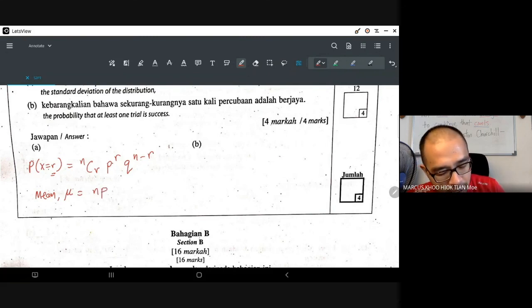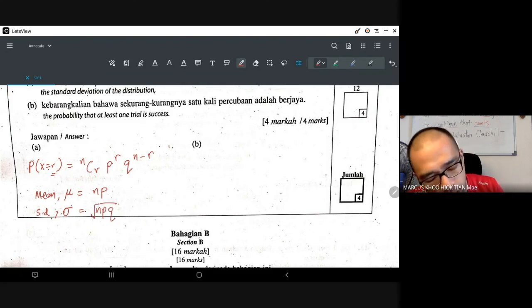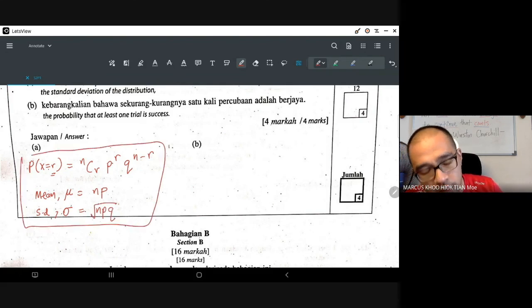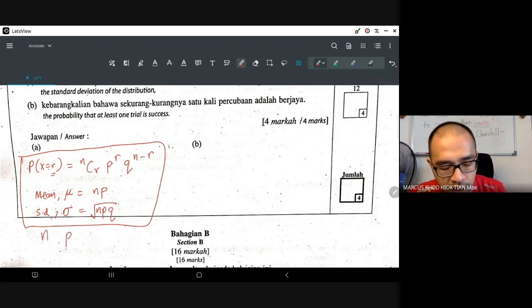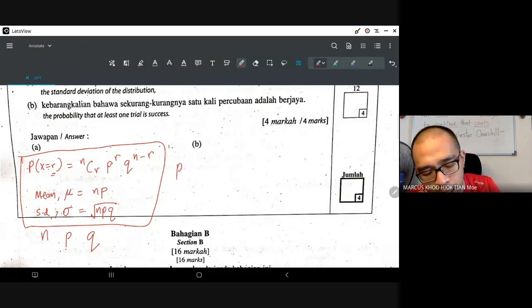Okay, and the standard deviation is square root of n times p times q. Now, if you look at all these 3 formulas, it's very obvious that in order to answer a binomial distribution question correctly, you need the value of n, you need the value of p, and you need the value of q. Okay, and to remind you, the value of p plus q is always equals to 1.